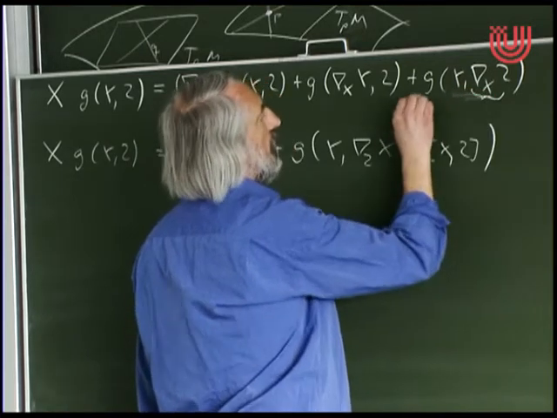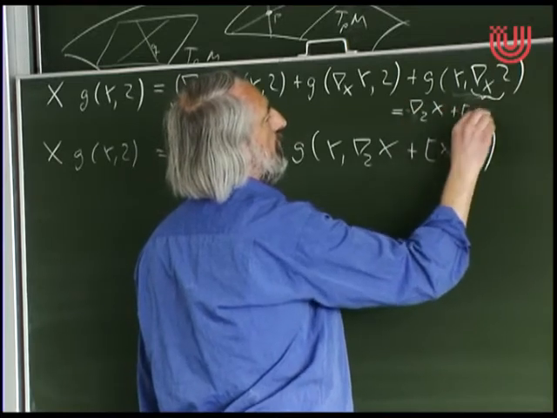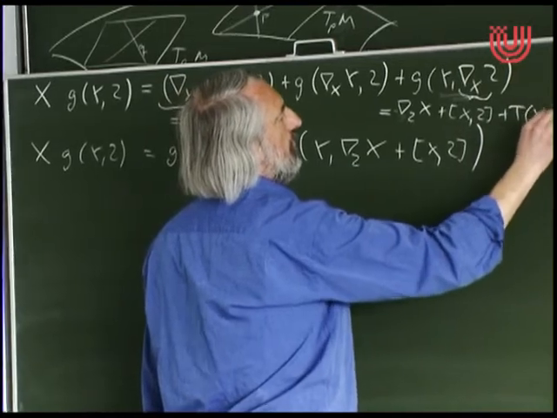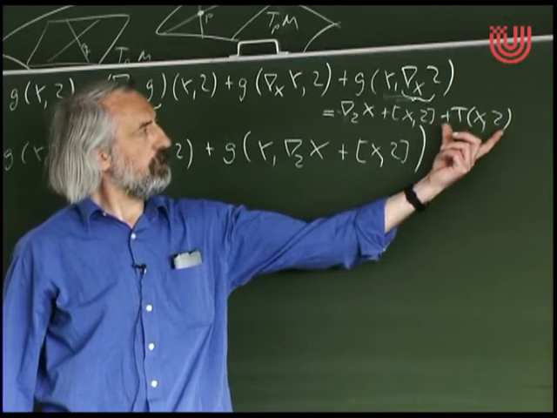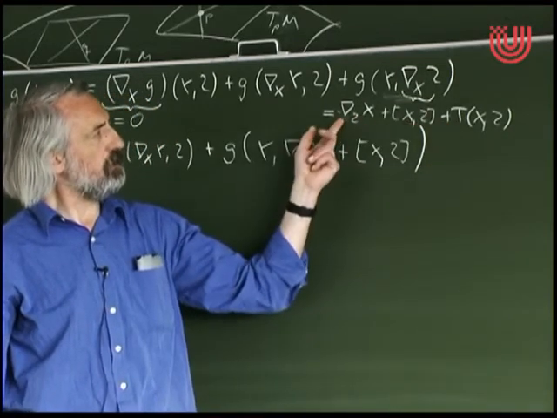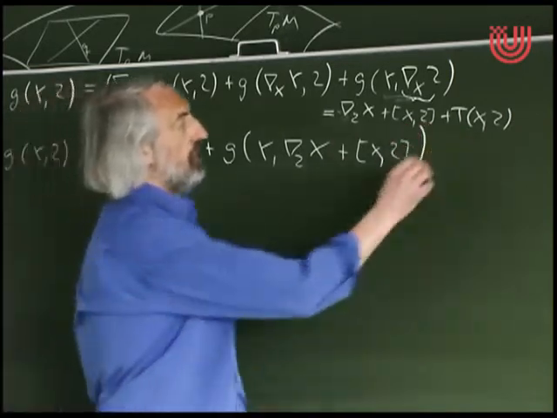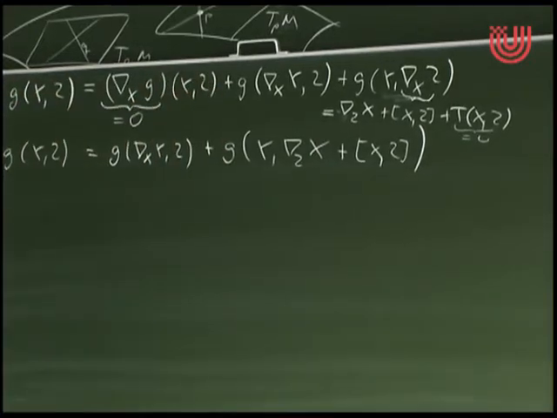This is del z x plus Lie bracket x z plus torsion x z. Yeah? If I take these two to the other side, then I get this is a torsion, and the torsion is 0 by assumption. So this here is 0, and then I get this here.